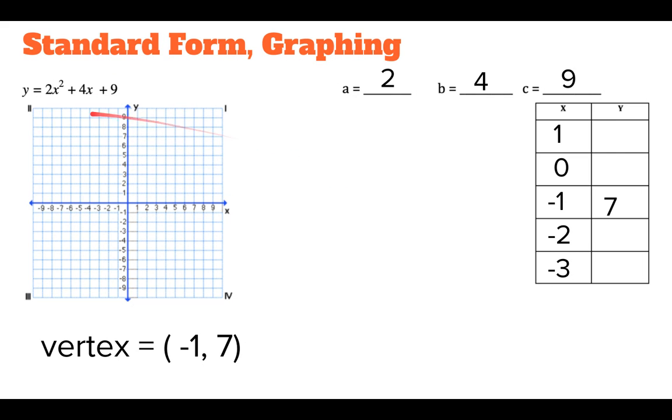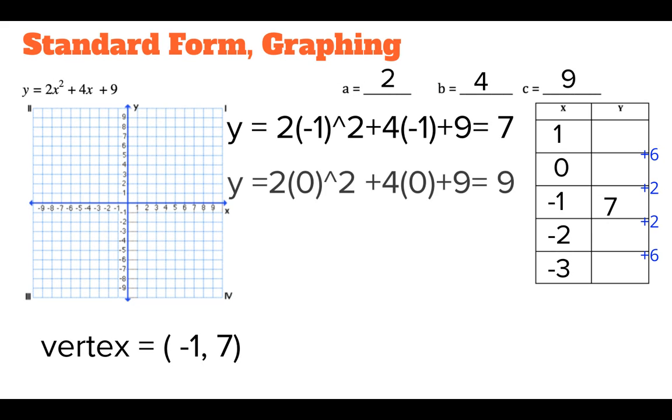The trick is this C value is always my y-intercept. I can always plot it right there. So you also should have noticed that the pattern is not going to be 1, 3, 5. It's going to be double because there's a 2 for the A. So I hope you added 2 and then added 6. Or when you plugged it in, you got these results.